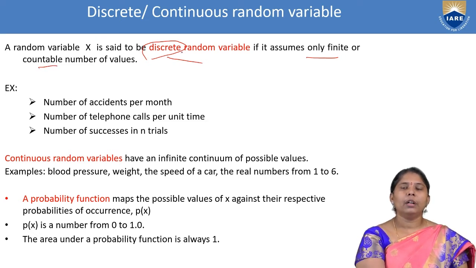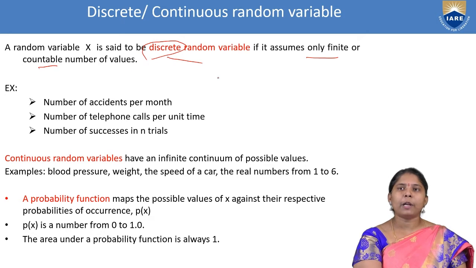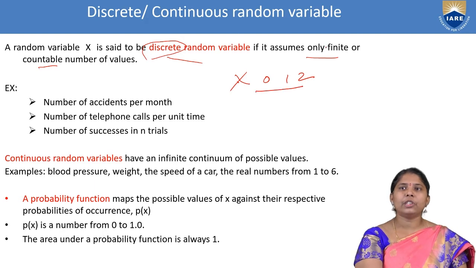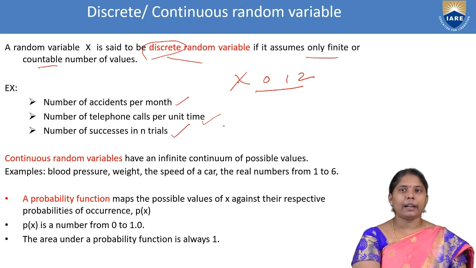In the earlier example, X takes the values 0, 1, 2, so this is a discrete case which is finite and countable. Examples include the number of accidents per month, the number of telephone calls per unit time, and the number of successes in trials.